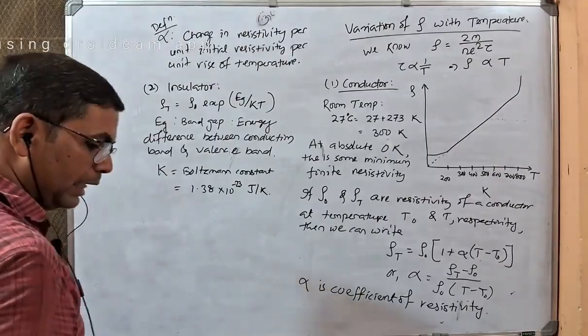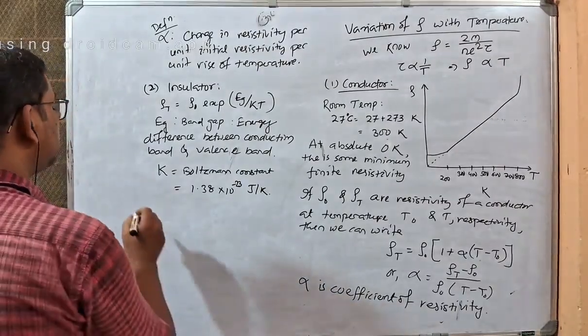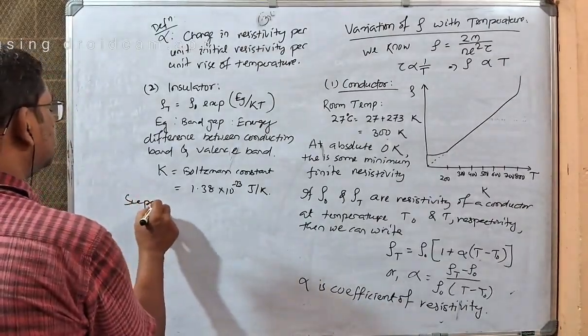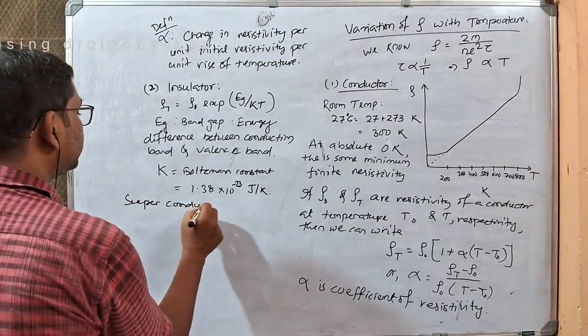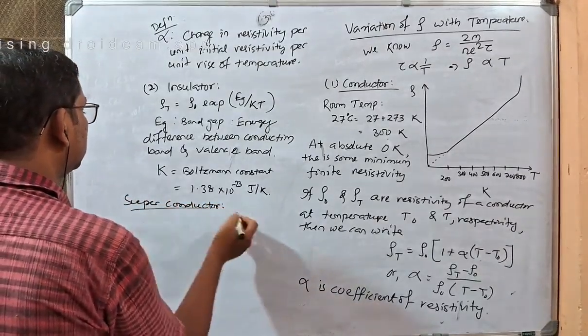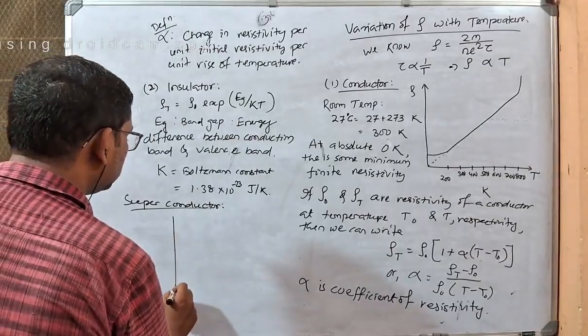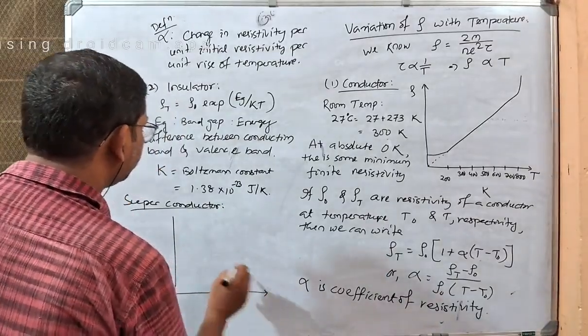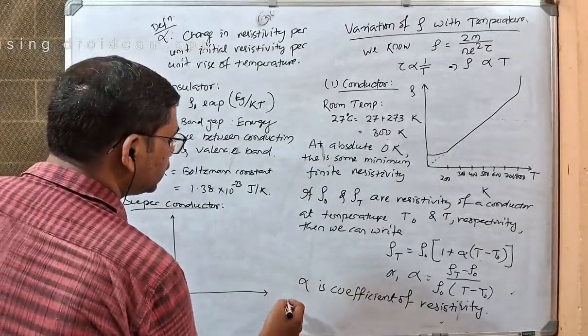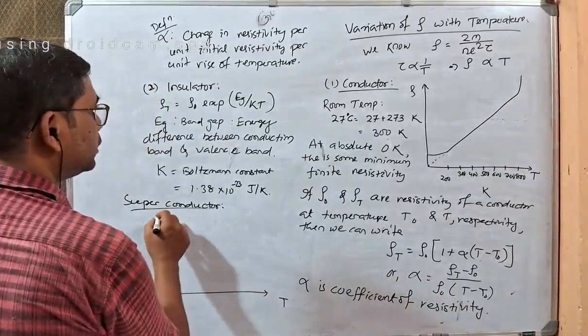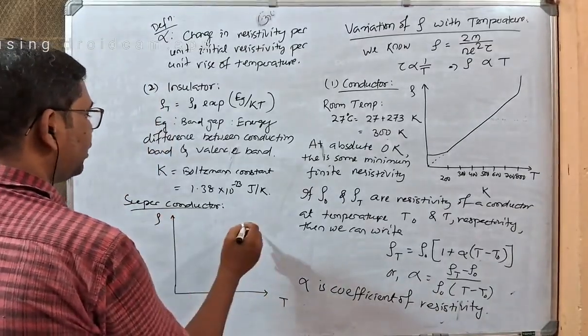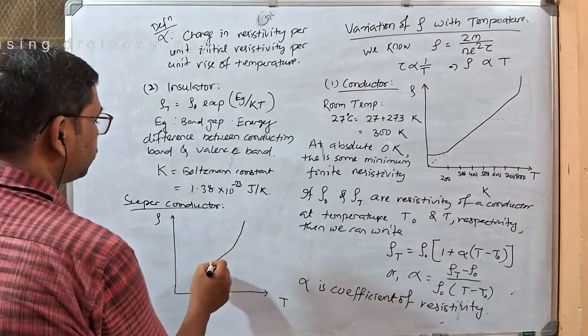And then we are talking about superconductors. I will just draw the graph between them. It is not exactly a line. It drops exponentially.